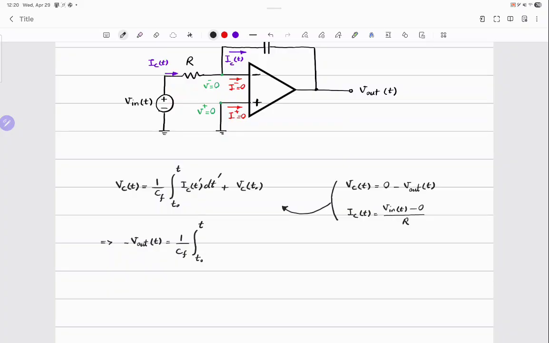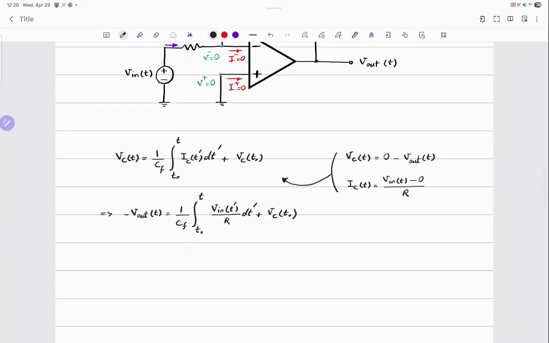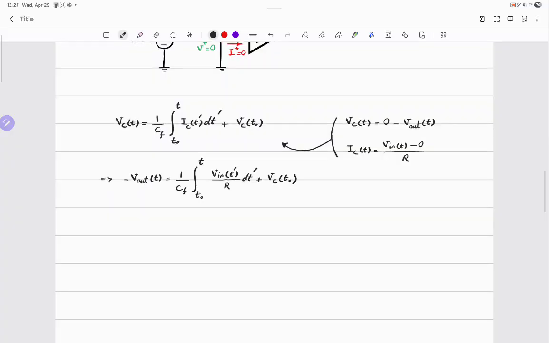Instead of IC(t'), I will write Vin(t') over R dt' plus VC(t naught). Okay? Now look at this equation. It's much better, right? Because it involves Vin and Vout for you, which means it's giving you an input-output characteristic of the circuit.